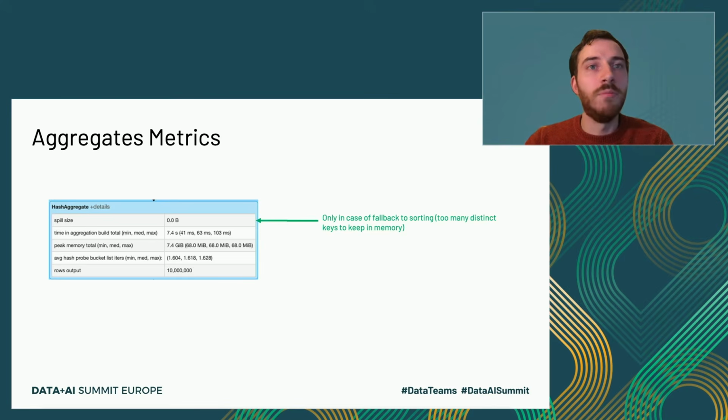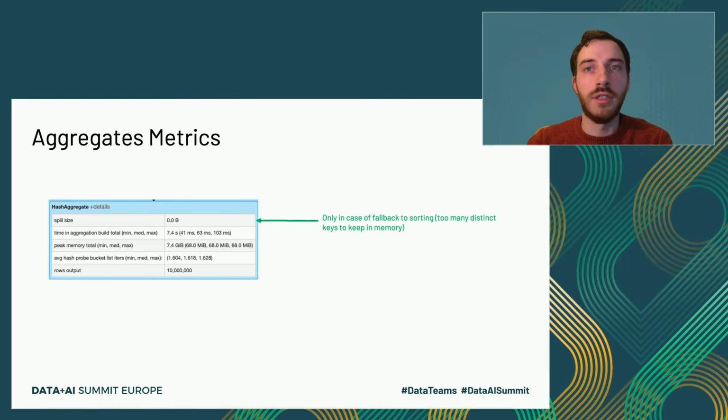The only metric you want to look at in hash aggregate typically is the spill size. Actually, you always want this to be 0. If this is higher than 0, that means that it has started a fallback, as I explained before, where it tries to first do the aggregation with one hash table in memory, but then it runs out of memory.